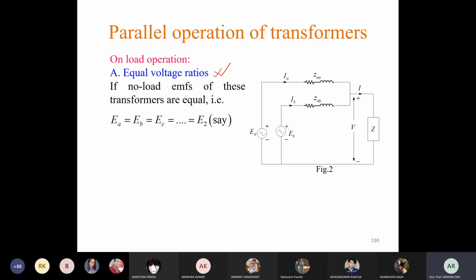So if we take these secondary induced EMFs at no load as E2, then we can write this equation, that is E2 minus V, that is the voltage drop across the leakage impedance of any transformer. This is the voltage drop across leakage impedance of transformer A, this is the voltage drop across the leakage impedance of transformer B, and so on. So let us assume that voltage drop equals to small v.